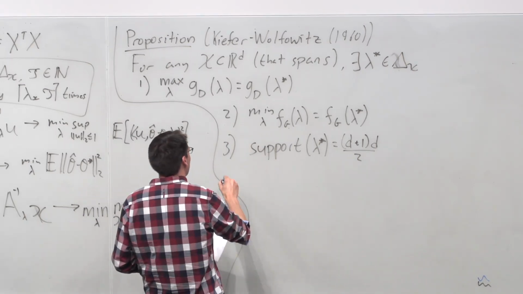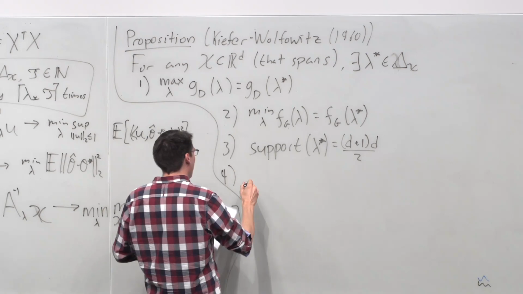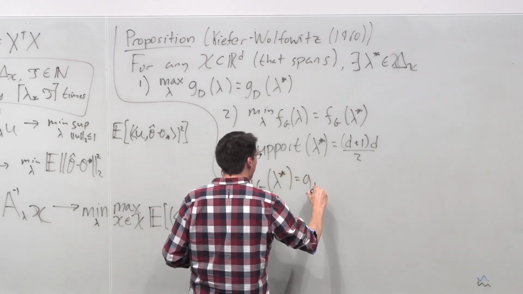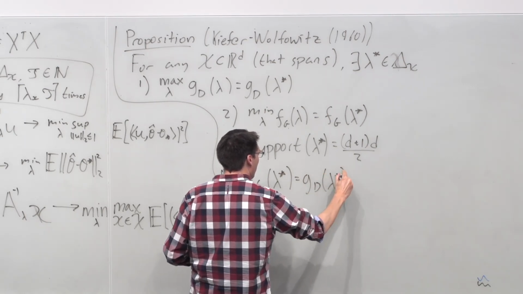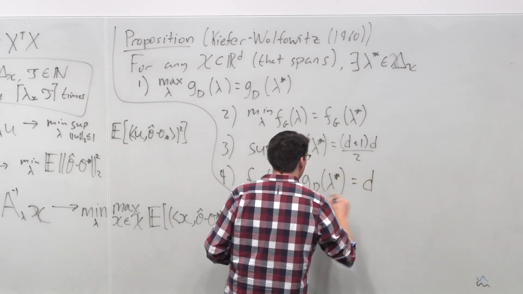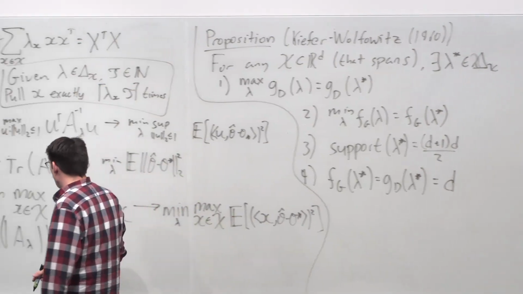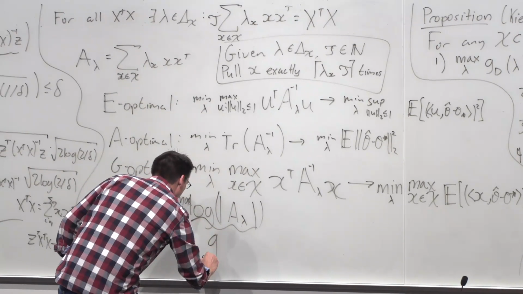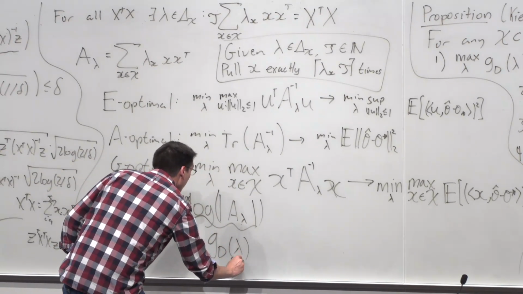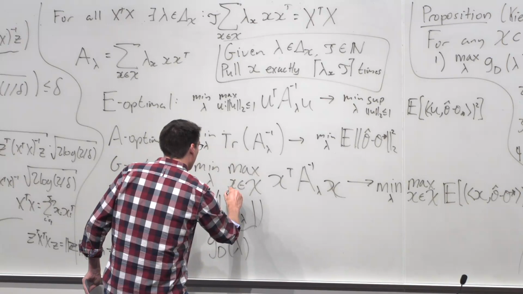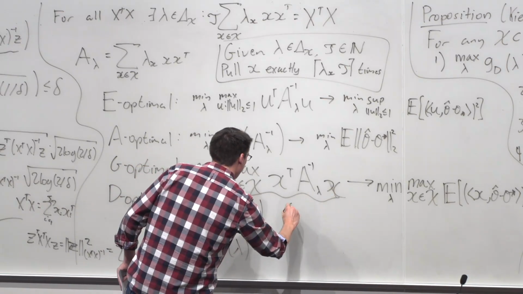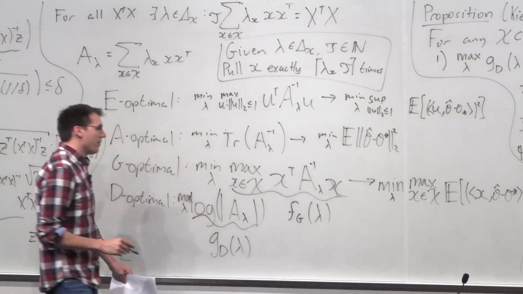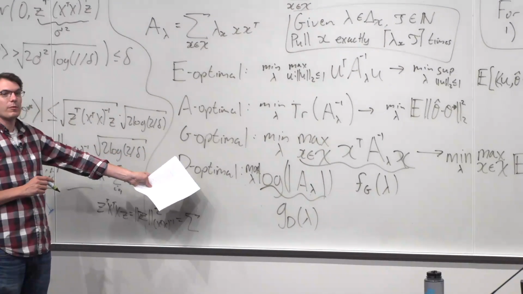Oh, and the most important property: f G of lambda star equals g D of lambda star is equal to d. And I'm defining this as g D of lambda and this as f G of lambda. So it's the G-optimal design problem and the D-optimal design problem.